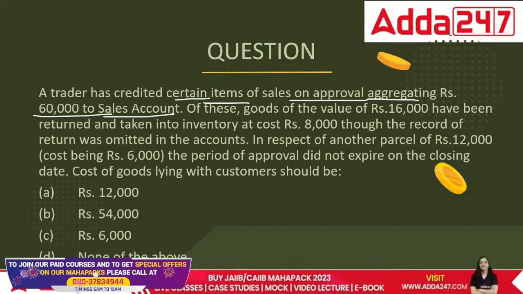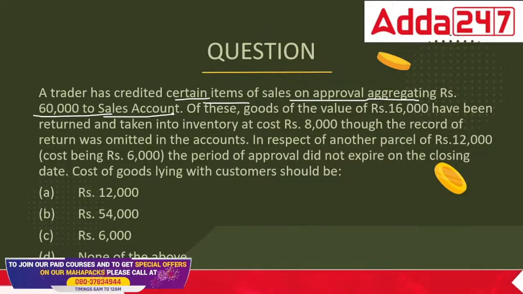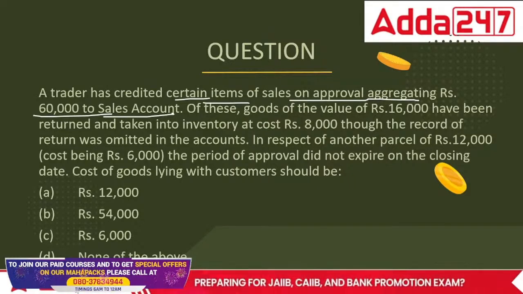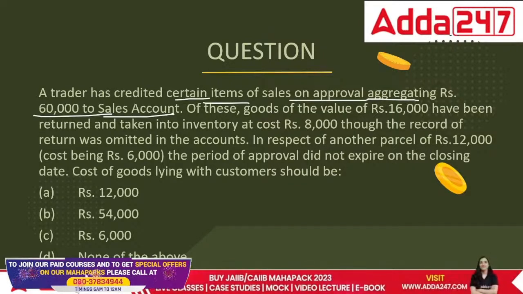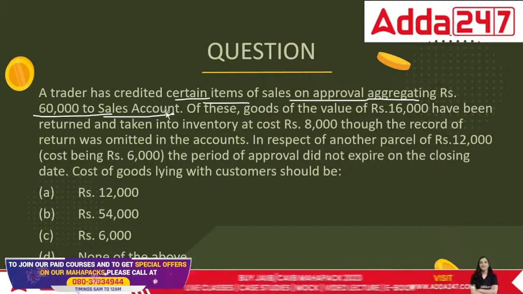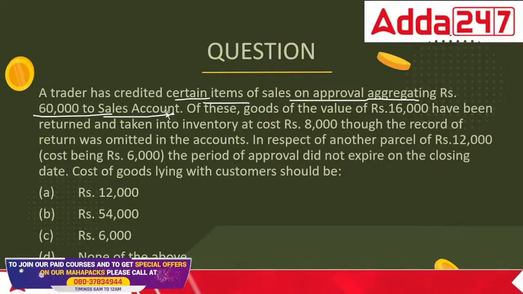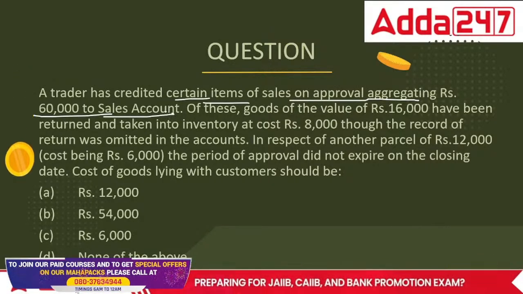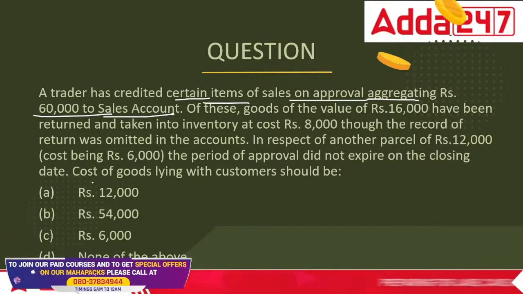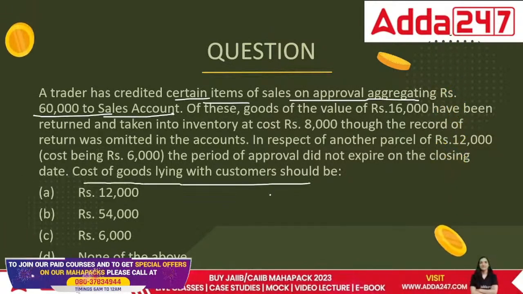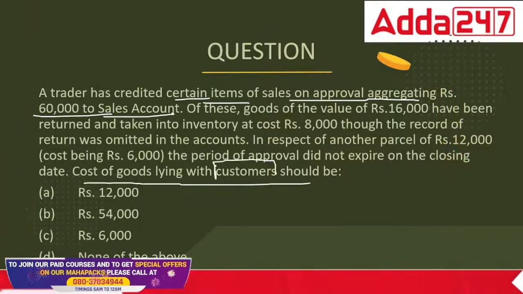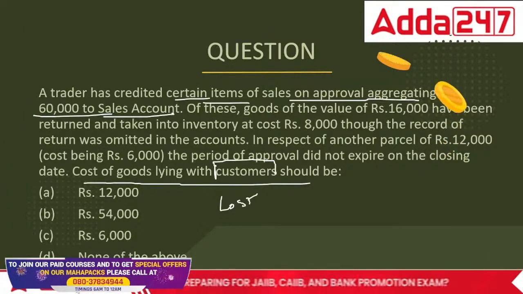What would be the amount, everyone? In respect of another parcel of 12,000, cost being 6,000, sent for approval, did not expire. Now this is again goods sold on approval basis only. I have sold the goods but the particular person has not paid yet or said that they would like to buy it. There is no confirmation yet from the customer, so we will record that at cost only.